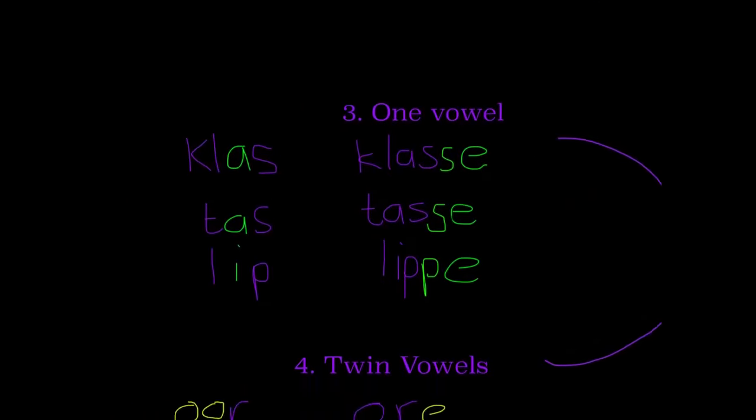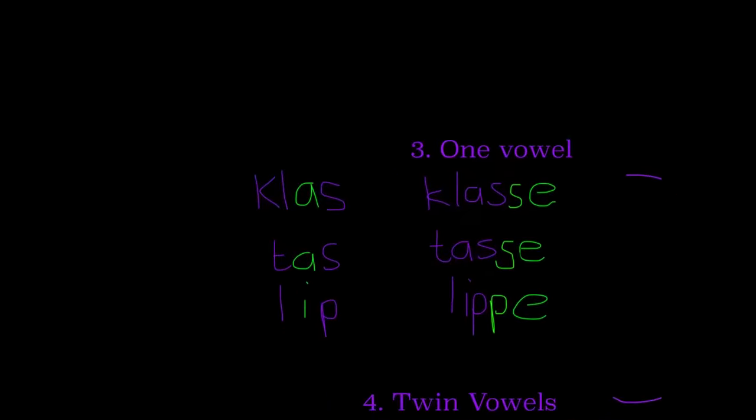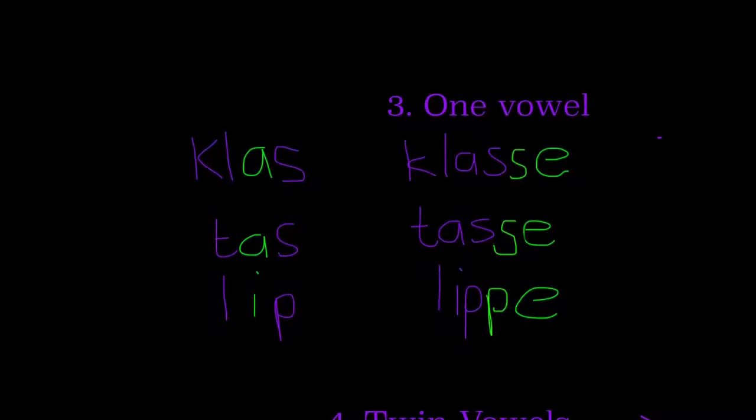If we move up to words that have one vowel with one consonant at the end, if we were to just add an E straight away, it would suddenly make klase instead of klasse. So we add an extra consonant to protect this vowel from the E. So klas becomes klasse, and the A still sounds the same.